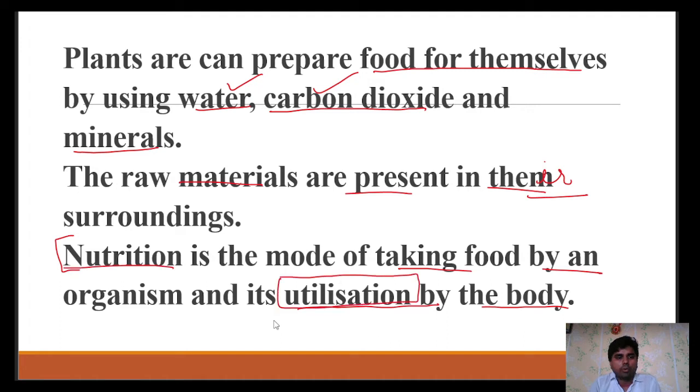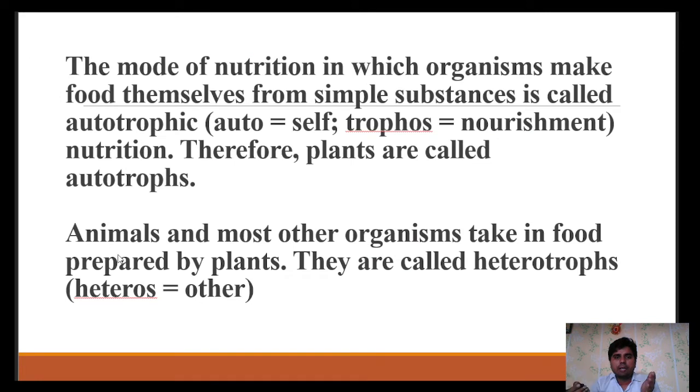Now moving further. Students, we have just seen that plants can make their own food. But other animals like rat, cockroach, snake depend upon another organism for their nutrition. So based upon the mode of nutrition, organisms are divided into two categories.